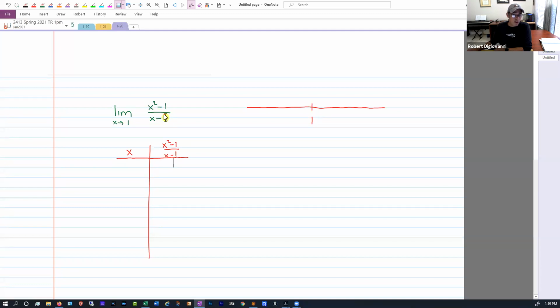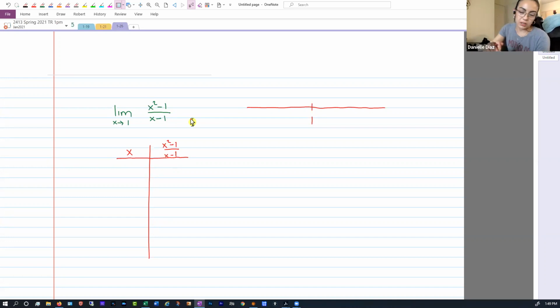If I try and plug 1 in here, what happens? It would become undefined because there cannot be a 0 in the denominator. Yeah, so does everyone see that when you plug 1 in, it's undefined? But this is a limit, so we don't care what's happening at 1. So we're going to pick some values that are close to 1, and let's start coming in from the left side.